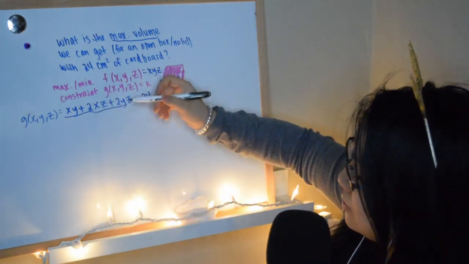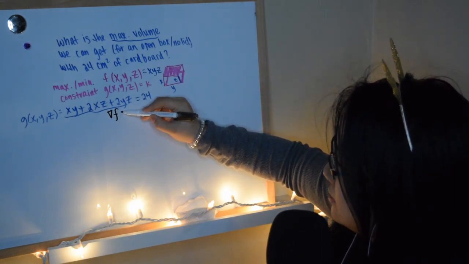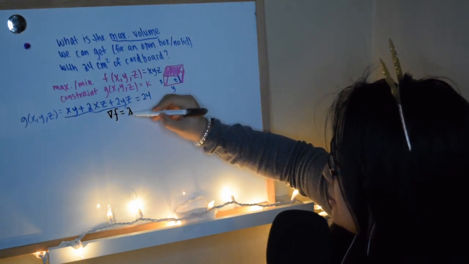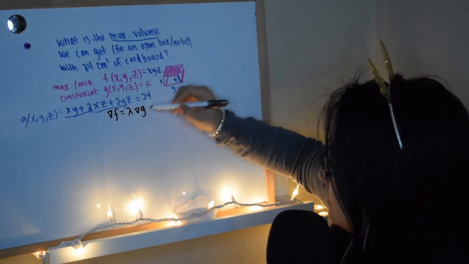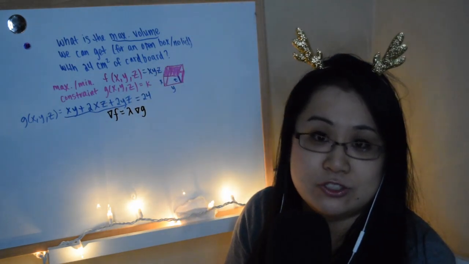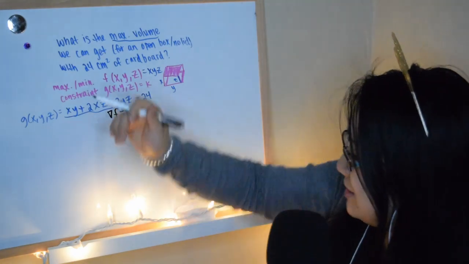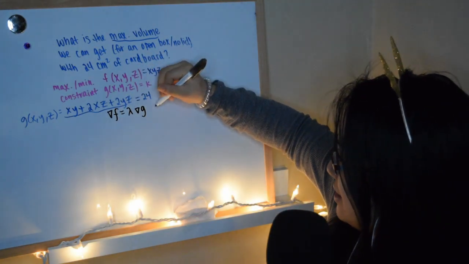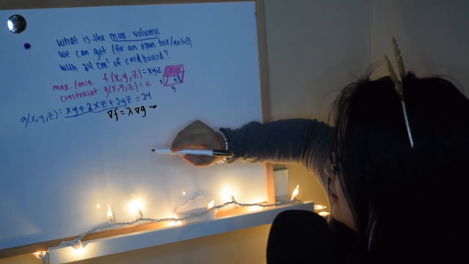And so the gradient of f is going to be some kind of constant multiplier of the gradient of g. And that lambda is the Lagrange multiplier.